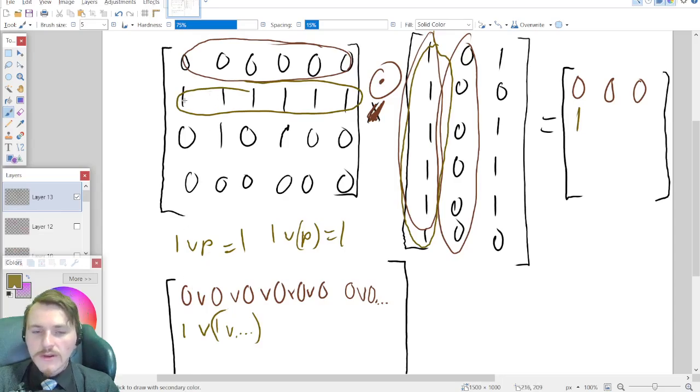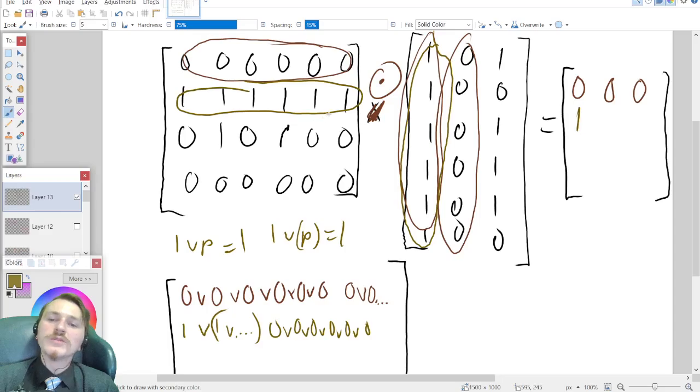Now what do we have? 1 and 0 is 0, or 1 and 0 is 0, or 0, or 0, or 0, or 0. Now we can see these are all zeros. So we cannot definitively say that if the whole row is 1s, we're guaranteed to get 1s.